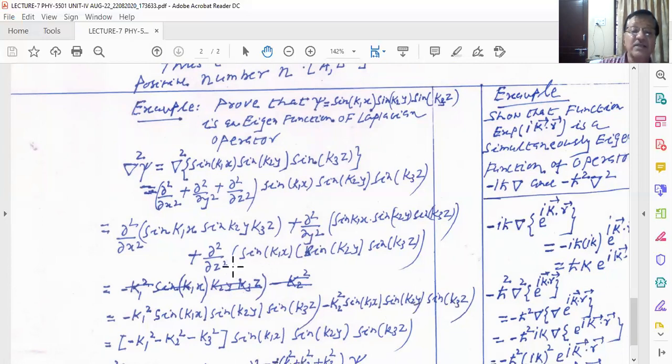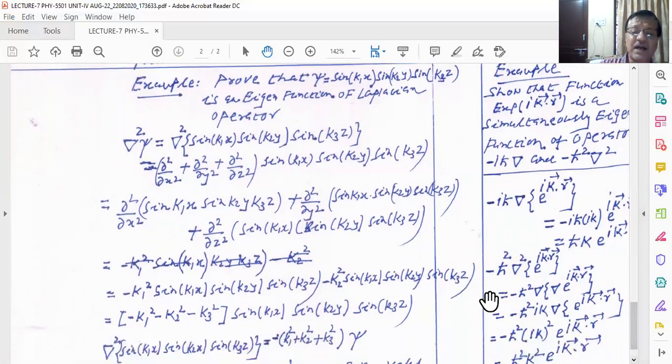Similarly, instead of k2, now you have k3, right? So this I can write down here. This is minus k3 square. I think I have not mentioned the minus k3 square term, but it is already there. So when you solve this, minus k1 square, minus k2 square, and then minus k3 square, times sine k1 of x, sine k2 of y, sine k3 of z.